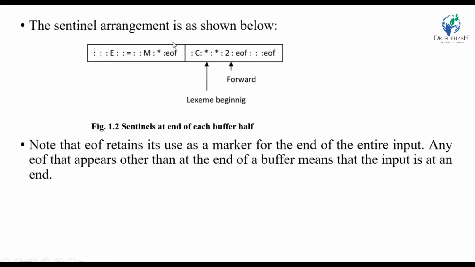At the end of each buffer, we put end of file, which is known as the sentinel. Whenever the forward pointer is at end of file, we know that this is the end of the first buffer. So now we have to load the second buffer.